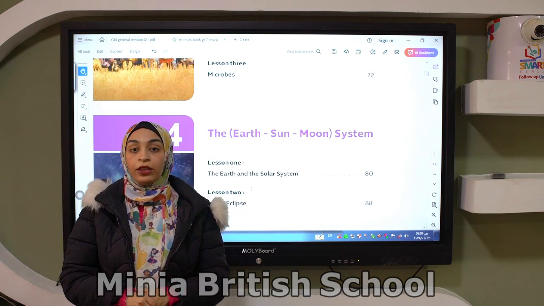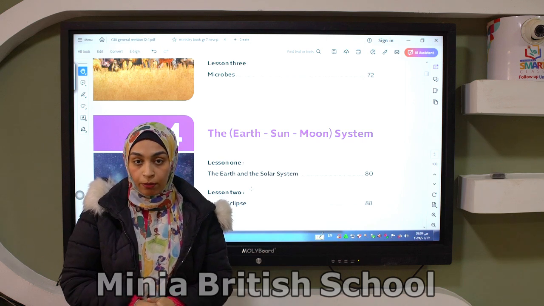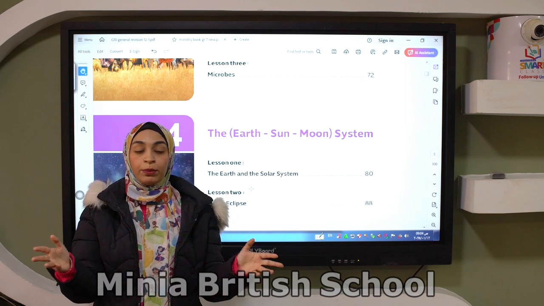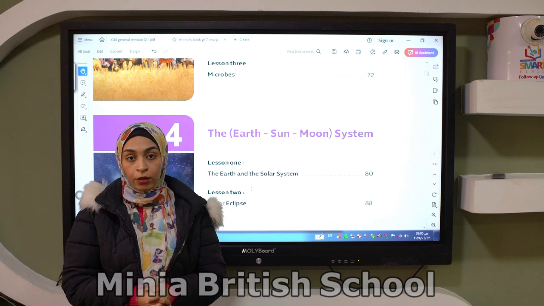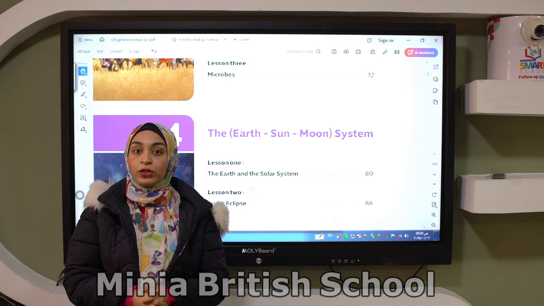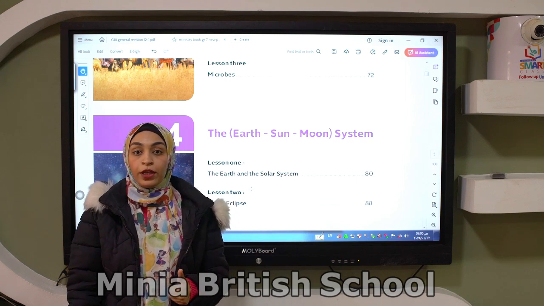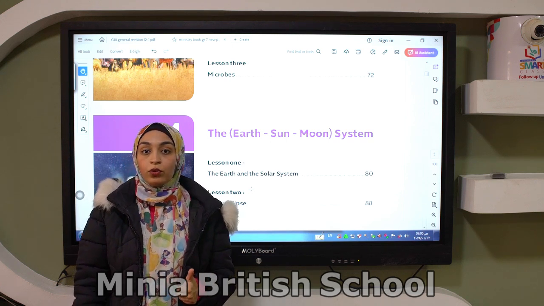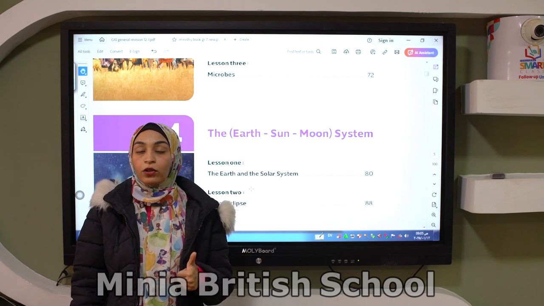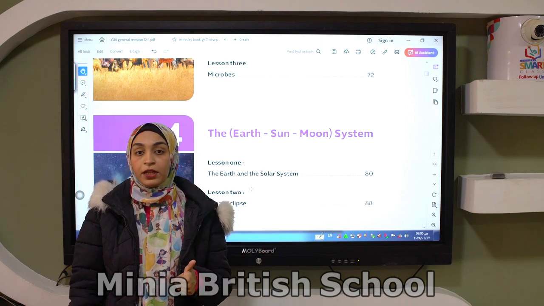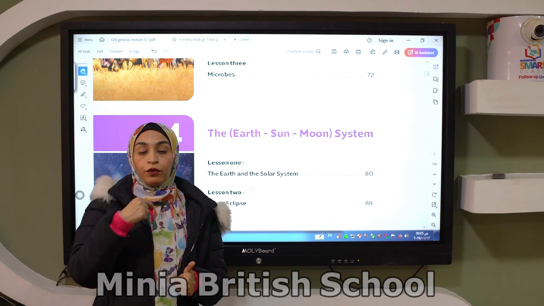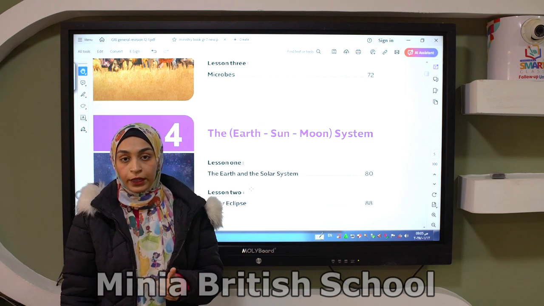And first, at the beginning of the lesson, we classified the microbes into two types, the beneficial ones and also the harmful ones. When we started with the beneficial ones, we started with the root nodule bacteria that live in the roots of the leguminous plant to give it the protein and also the nitrogenous substances that it cannot absorb from the air or even from the soil by its roots.